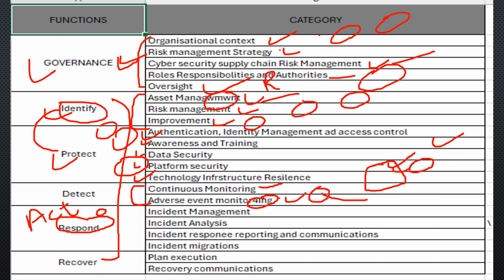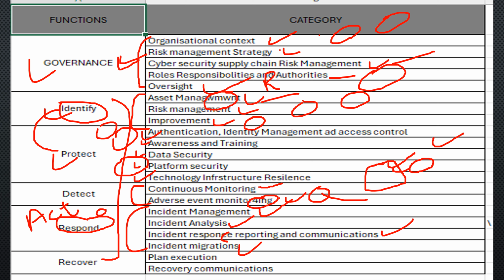What are the subcontrols? Incident management life cycle, incident analysis, incident response, reporting and communications, incident mitigation. These are the sub-checks on Respond. Respond means if incidents are reported to you, what actions you need to take, either to mitigate or to accept the risk.